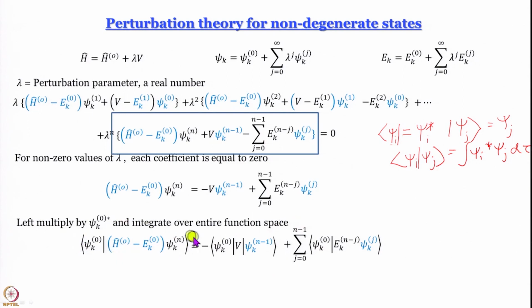See, I am multiplying by one quantity, right. So there is no problem, this is a specific quantity psi_k 0th, no problem in taking it inside and then integrating. So I have a sum of integrals, each of which is psi_k 0th E_k (n minus j)th psi_k jth. Okay. Let us see how this helps simplify the situation. So to do that, we understand that this E_k (n minus j)th is a constant, it is a value of some correction to energy, it is a number.